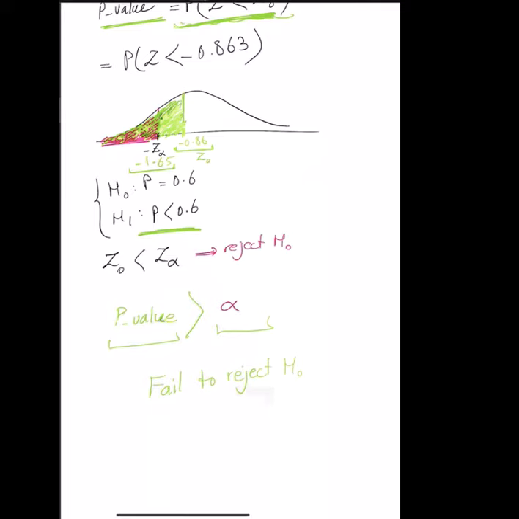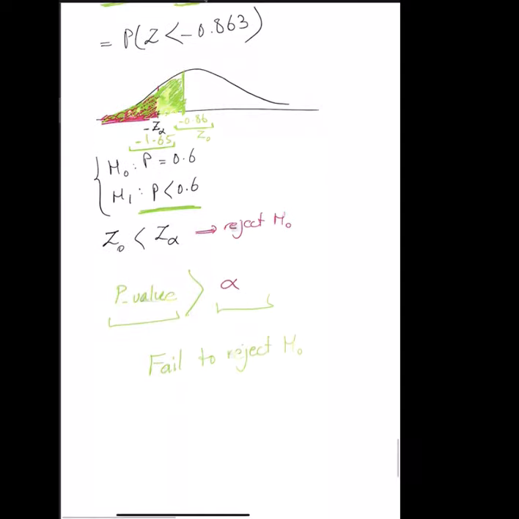When the green is greater than red, which means when the p-value is greater than alpha, then, as you can see here, the test statistics has fallen somewhere in the blue part, which is the fail to reject area.